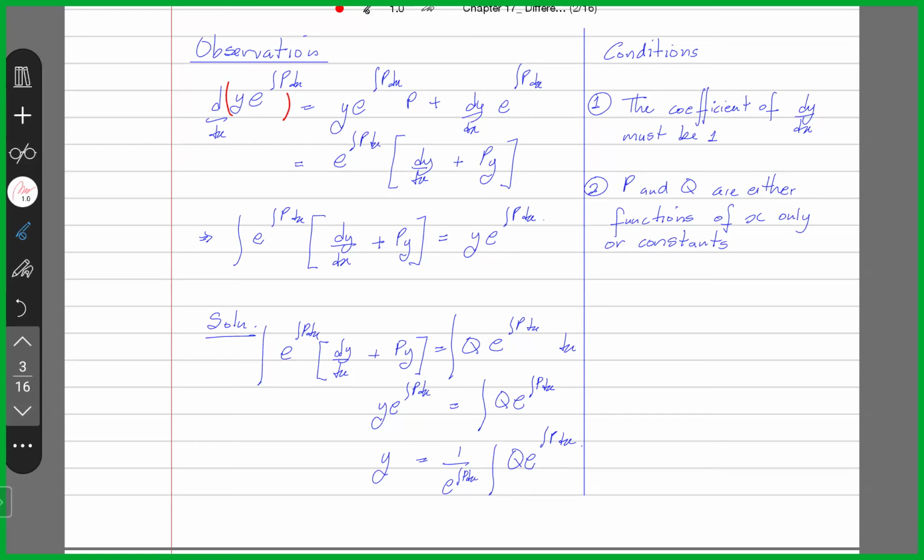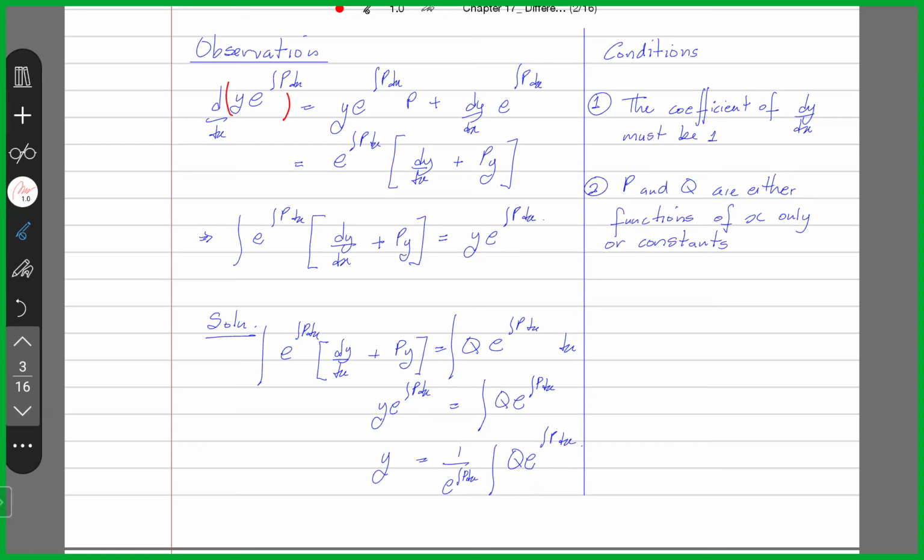e to the integral of p dx is common, so you can factor that out, and you'll end up with e to the integral of p dx, and in bracket dy by dx plus py.